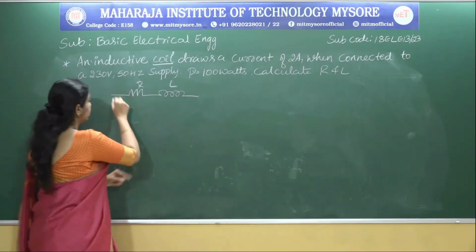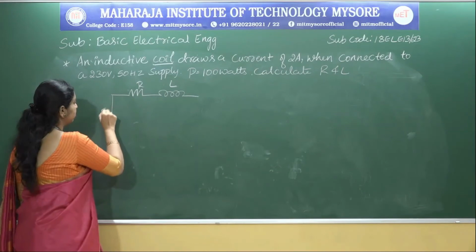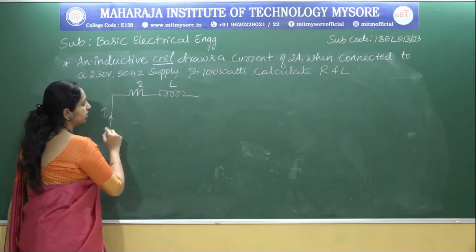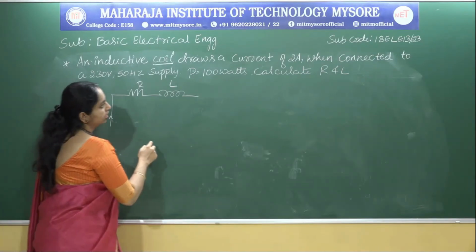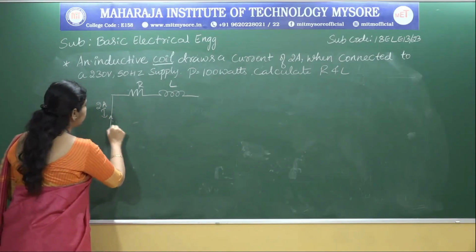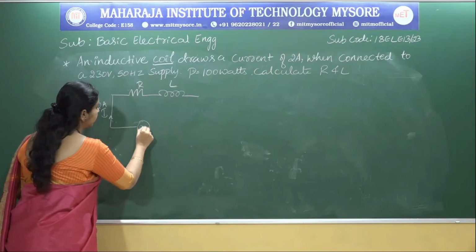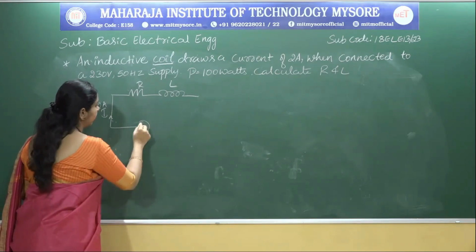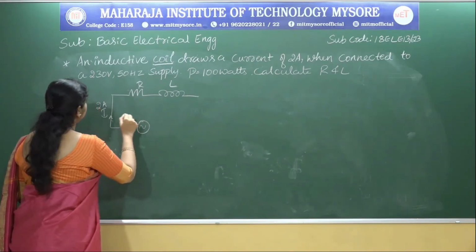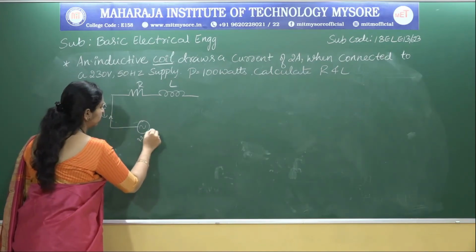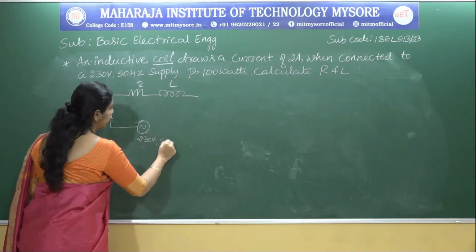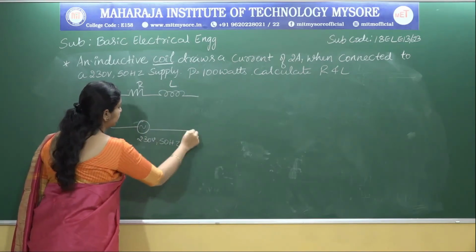of 2 amperes. That means the current which is passing through the resistance and inductance is 2 amperes. And when connected to 230 volts, these two elements are connected in series, across 230 volts and 50 hertz. 50 hertz is the frequency.